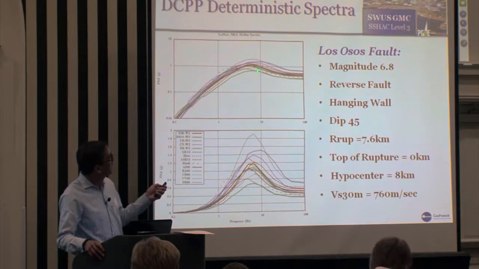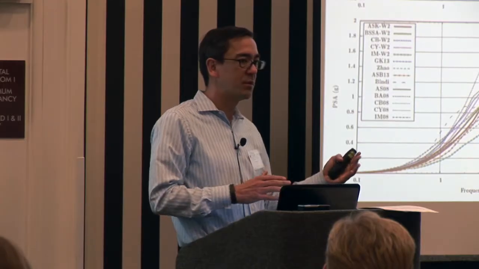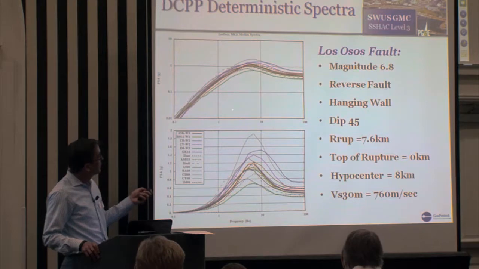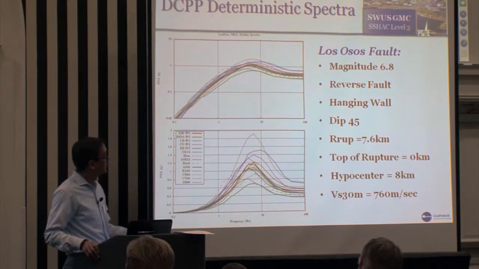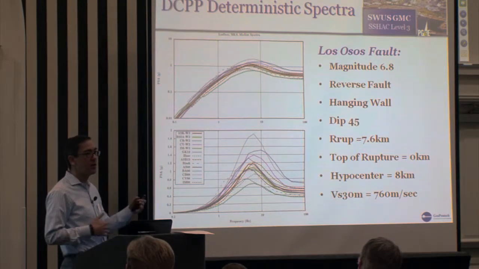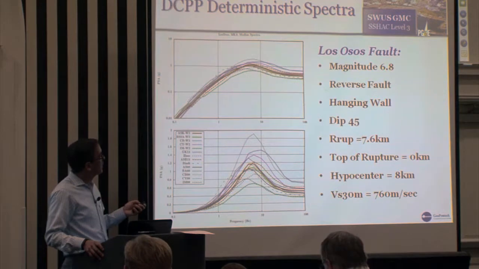What you can see now is we're starting to get a bigger spread on these models. You can see there's quite a bit of range here now, and that has to do with the fact that some of these models include a hanging wall term, some of them don't. And so this is the distribution that we're seeing, and Bob Youngs will talk a little bit later this morning on the epistemic uncertainty and whether or not our current models are capturing the CBR, the TDI.